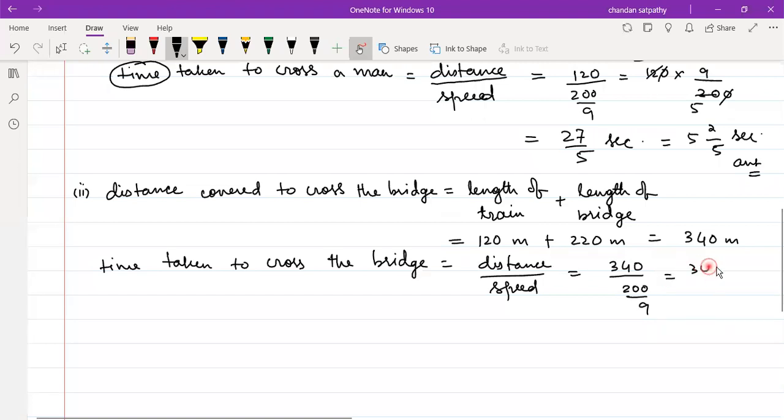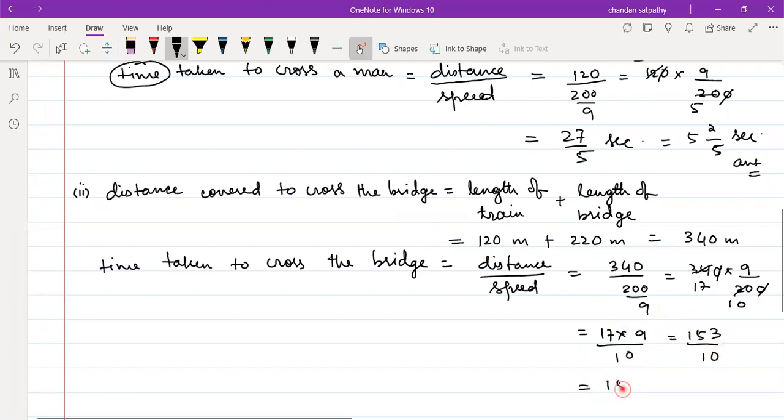So it will be 340 into 9 by 200. So 0 cancel and 2 17 ja 2 10 ja. So it is coming 17 into 9 by 10. Okay. So if we solve that, then how much we'll get? 17 into 9 will be equal to 153 by 10.